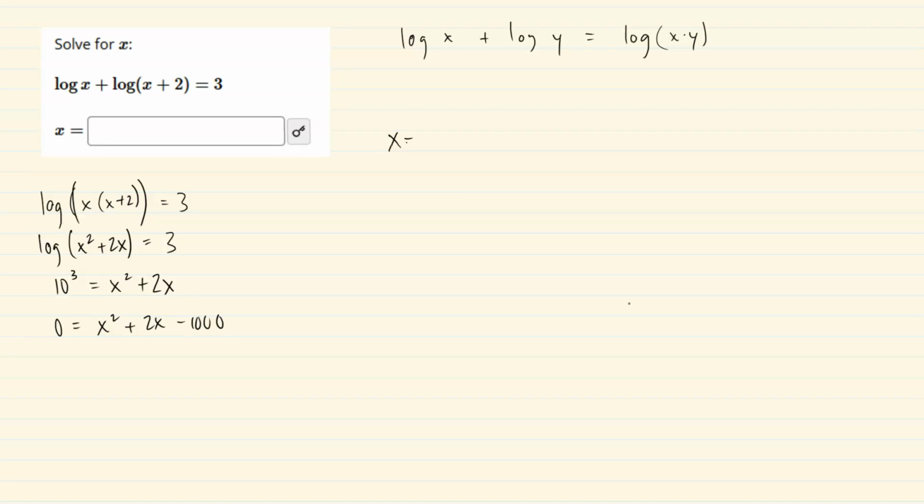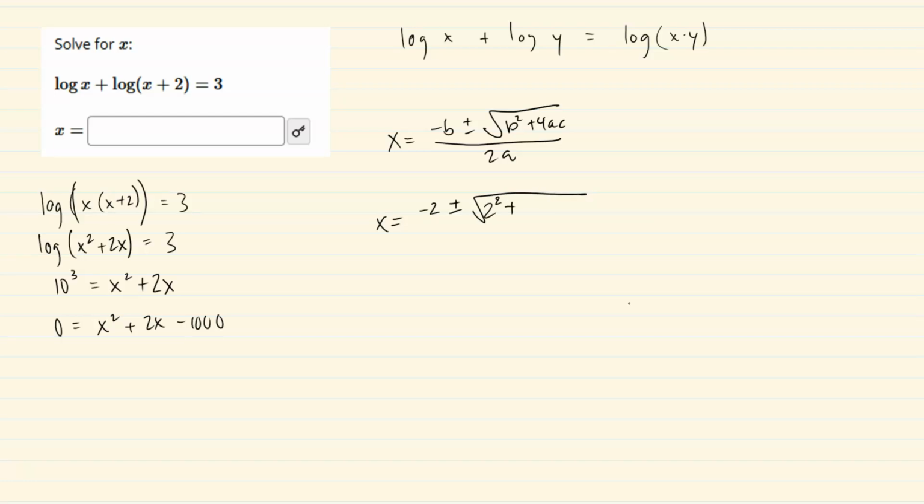Again, the quadratic formula is x equals negative b plus or minus the square root of b squared minus 4ac, all over 2a. So that would give us x equals negative 2 plus or minus the square root of 2 squared.